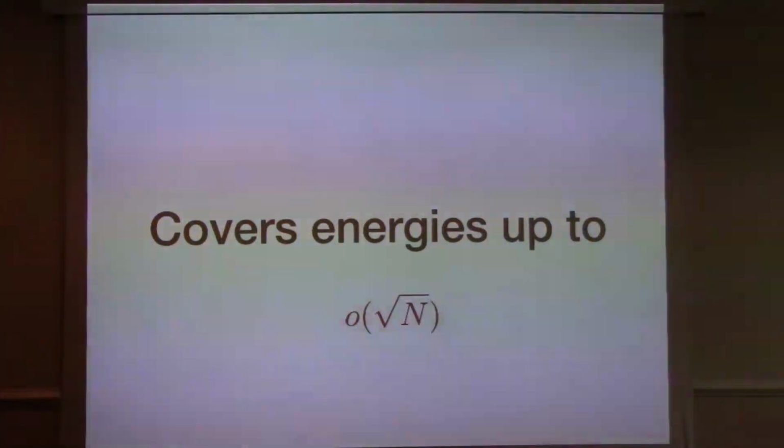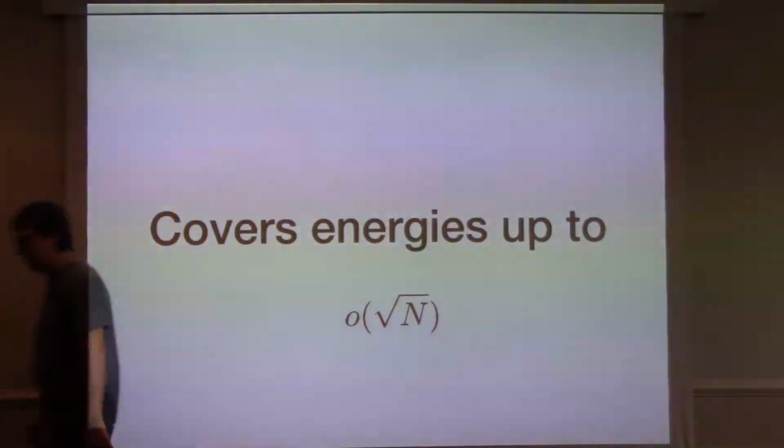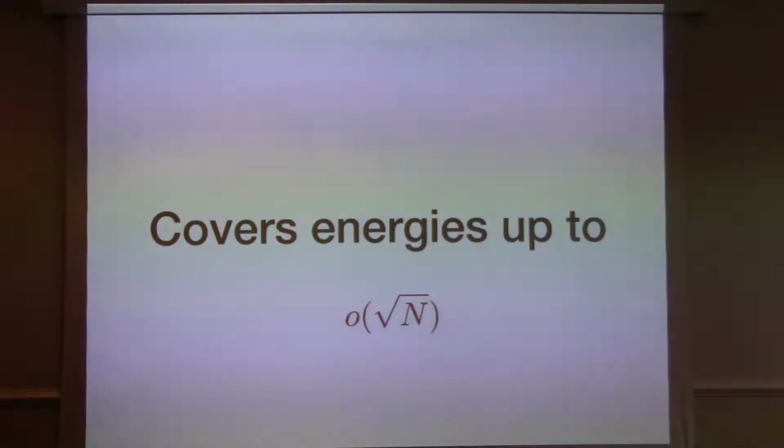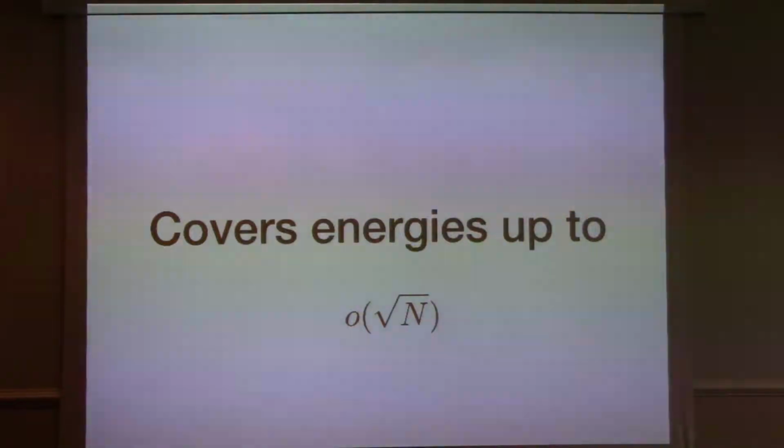That's square root of g Yang-Mills squared times N. So you just unpack that a little bit, and you have order square root of N. So the idea is that when you're up to order square root of N, actually less than this, you're in the string regime, and you can basically say you have a theory of more or less free strings, and then you have to divide your energy between the strings. And yes, there will be non-planar corrections, but from the point of view of single particle states, we have some understanding of what you get.